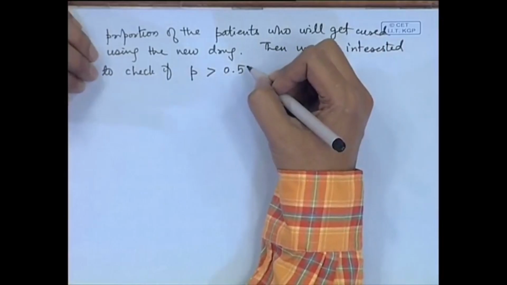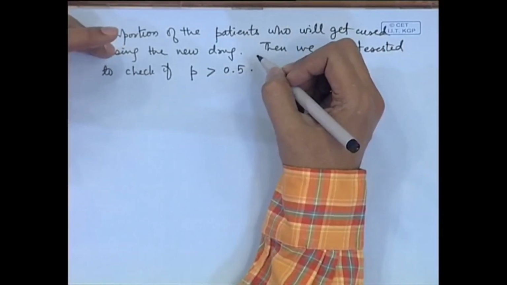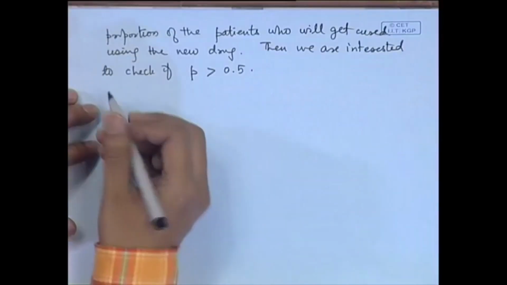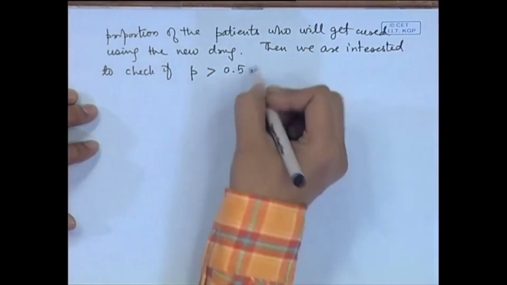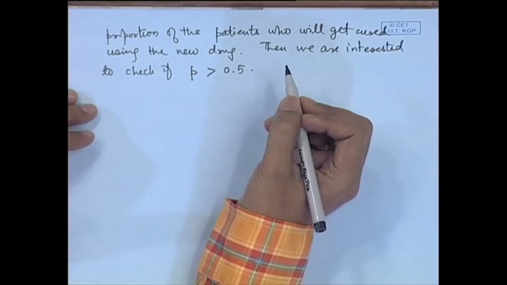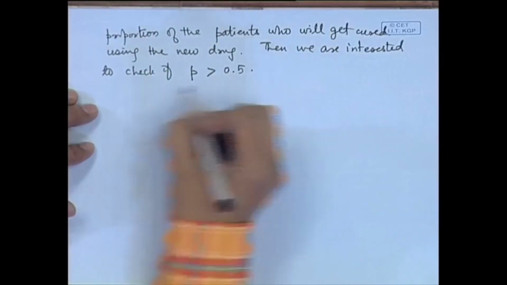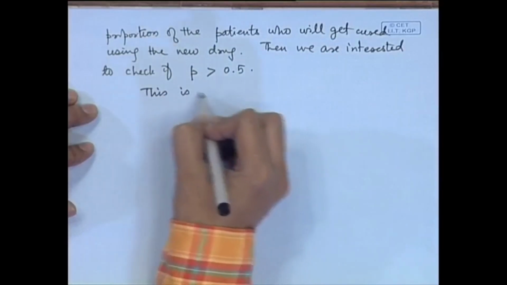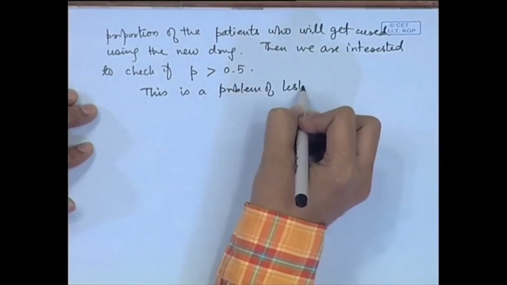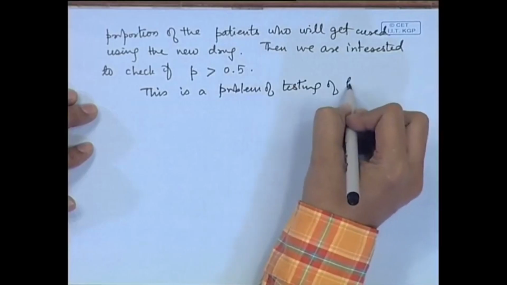Because if the new drug does not cure as much as the old drug, then there is no point in introducing the new drug in the market. Suppose it has less effectiveness, then there is no use of introducing it in the market. So, checking that P is greater than 0.5, this is a problem of testing of hypothesis.